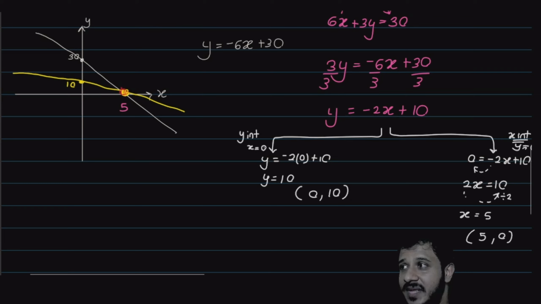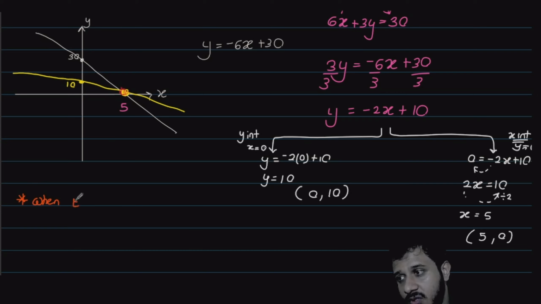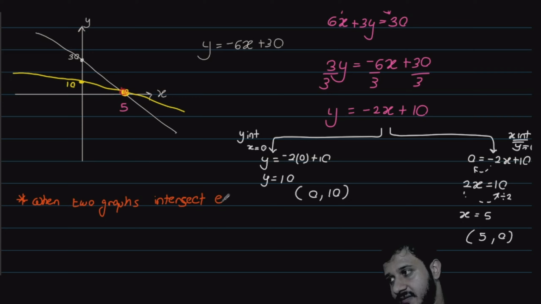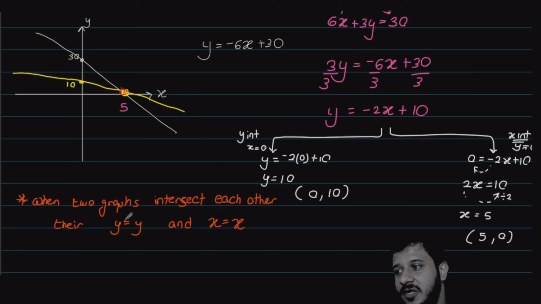So the main thing you need to remember is, when two graphs intersect each other, their y value is equal to y value and x value is equal to x value. But this y value equal to y value is what we mainly use.